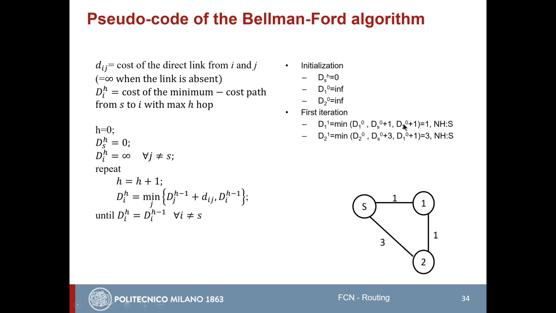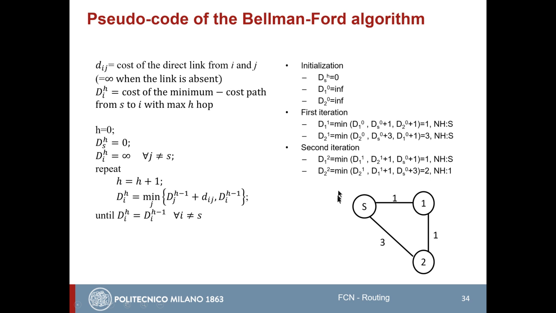But node 2 in the previous step was at an infinite distance. So the result here is 1. And the same for D2. You have to compare the distance in the previous step, which was infinite, with the distance of the source plus 3, which is this link, and the distance of the other node at the previous step, which was infinite, plus 1. So the result is 3.